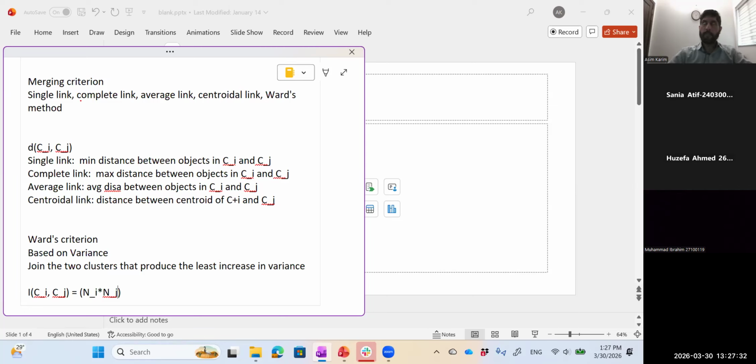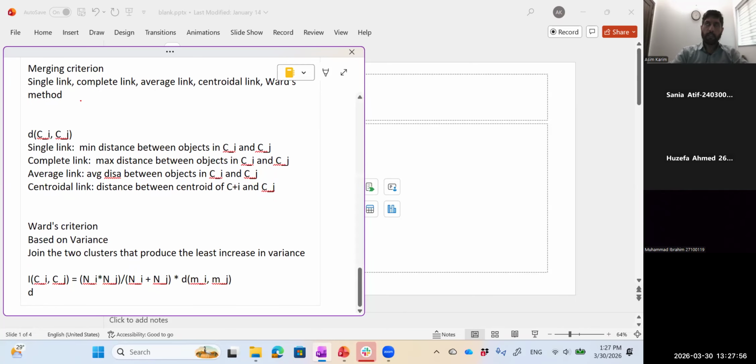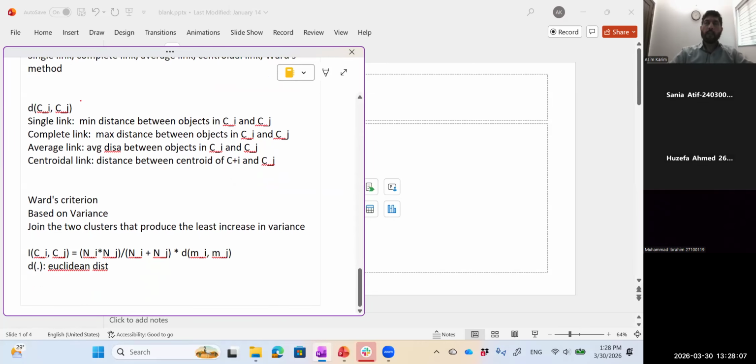Ni and Nj divided by their sum, Ni plus Nj, then multiplied by the Euclidean distance, D कर लेते हैं, where D is the Euclidean distance between the mean of I and the mean of J. ठीक है. So this formula gives you the increase.